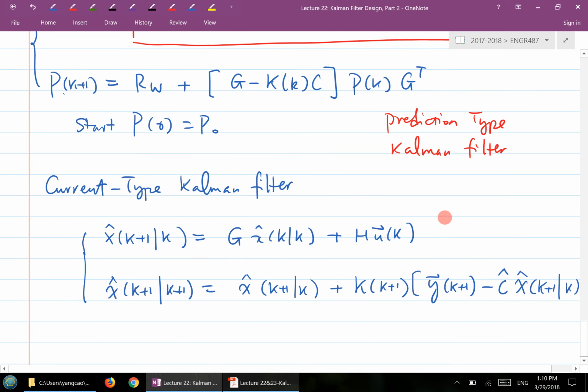Okay, so this is the model for the current type Kalman filter. Okay, so let's take a look.